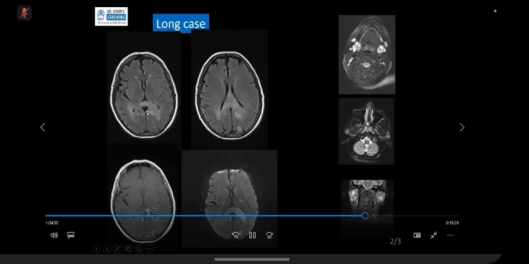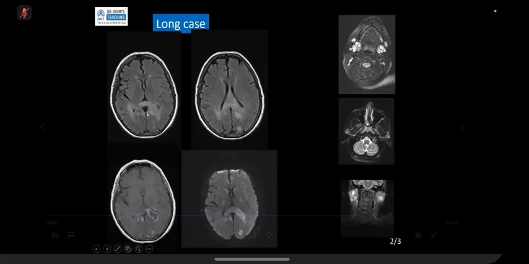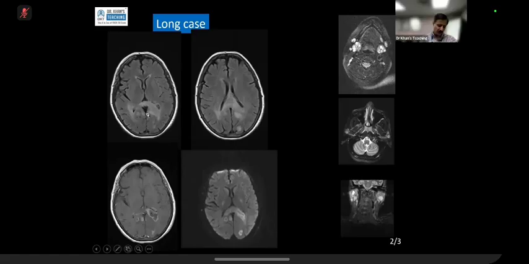Okay, it can be due to there are multiple lesions involving the splenium of corpus callosum, and I can also see there are multiple lesions in occipital lobe as well. I would like to ask if the patient is immunocompromised. The patient is immunocompromised.